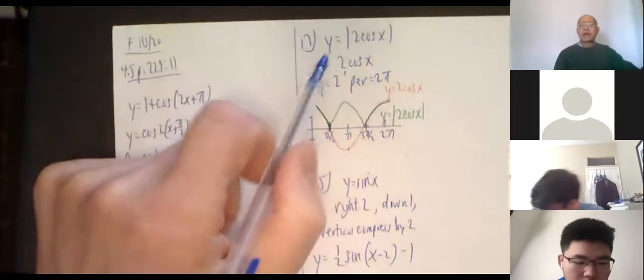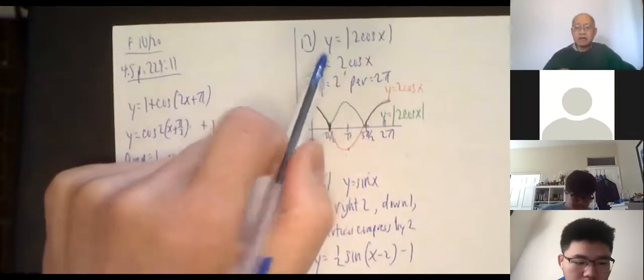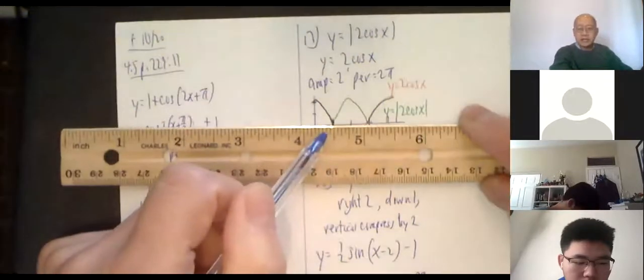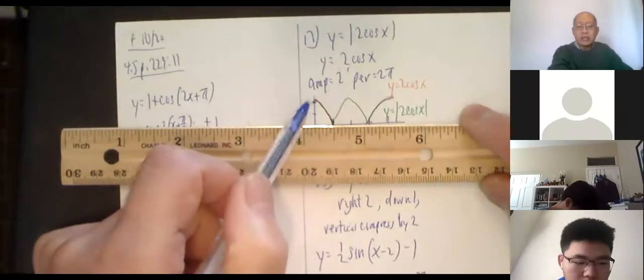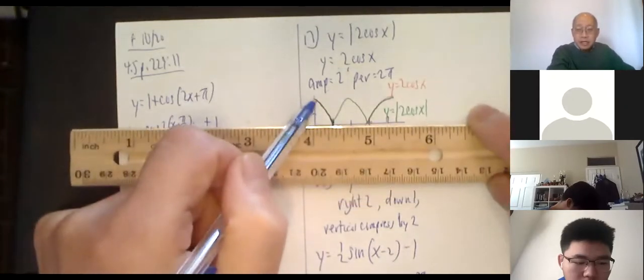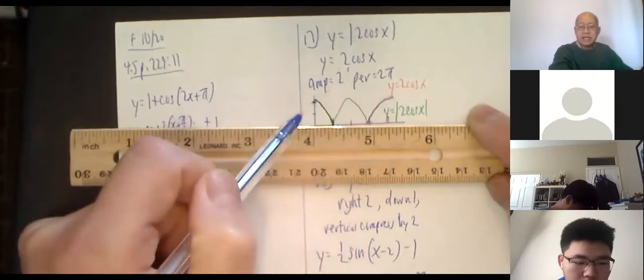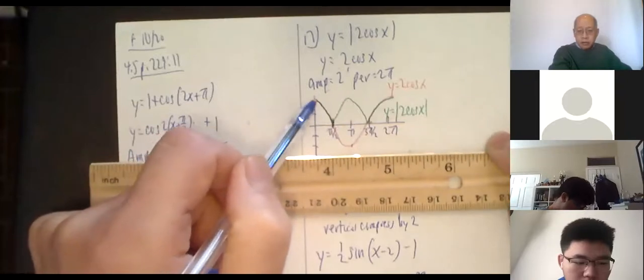All right, now what about absolute value? Absolute value means this thing can never be negative. The final graph should have nothing below the x-axis. So the way the game works is anything that was already above, this piece was already above, this piece was already above, that stays the same. So I drew that in green also. There's red there.